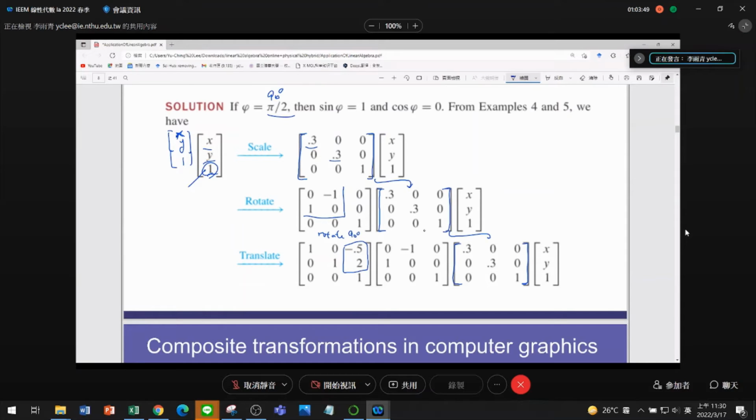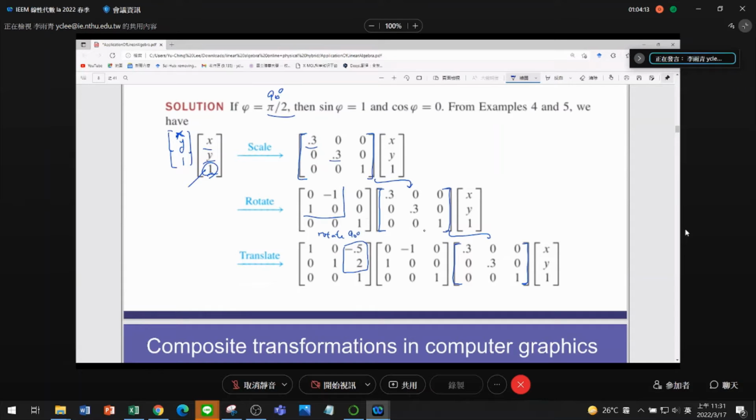By adding the negative 0.5 and 2 at this place, we can reach the ultimate goal, which is to translate the graph by this amount of values.